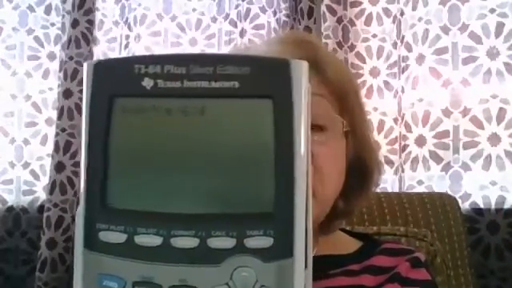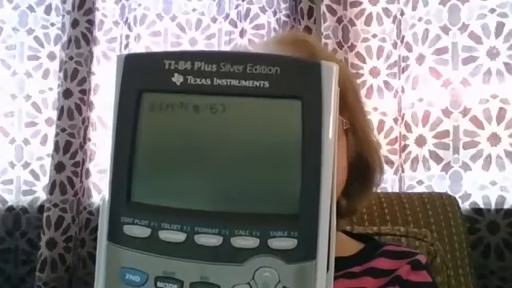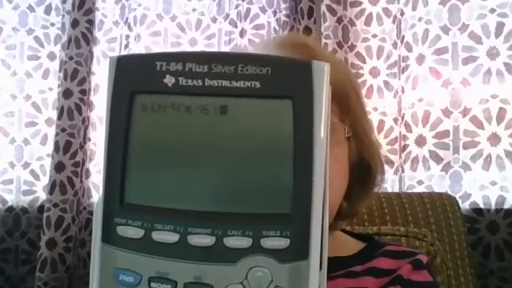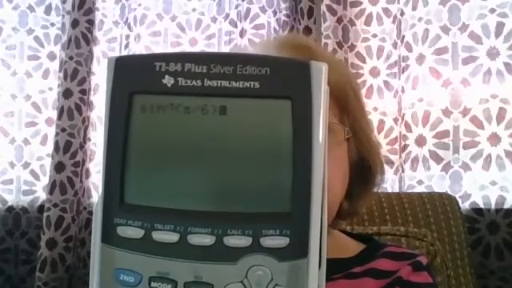Because for you right now, pi over 6 is not an angle. It is a number approximately equal to 3.14 divided by 6. You push enter, and you get 0.551.